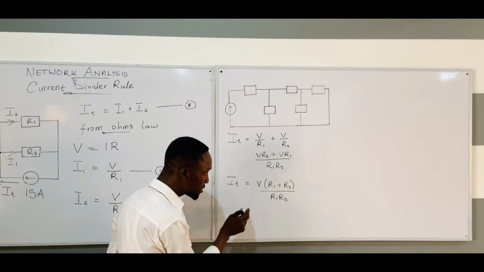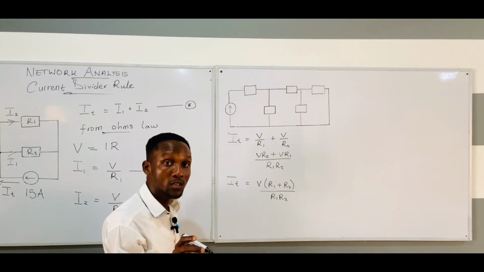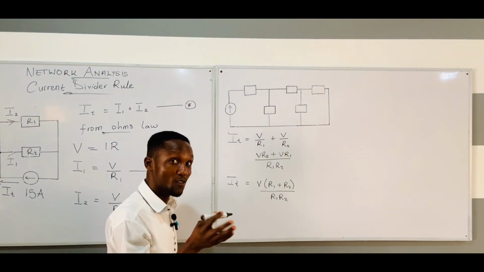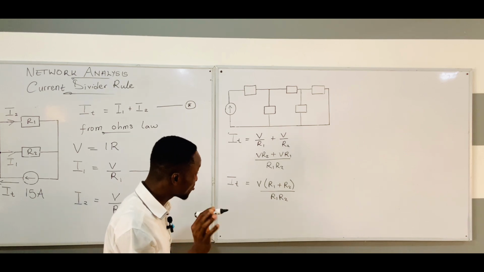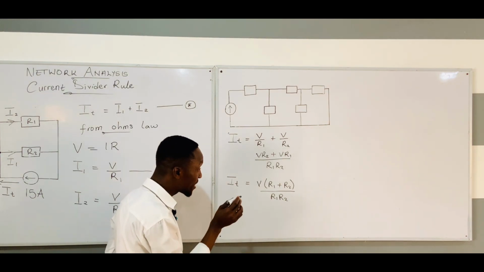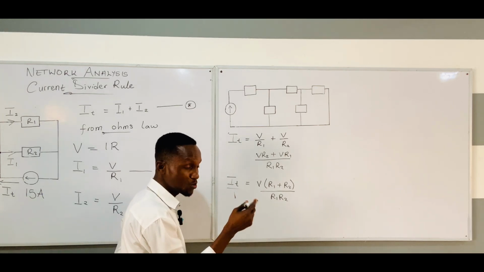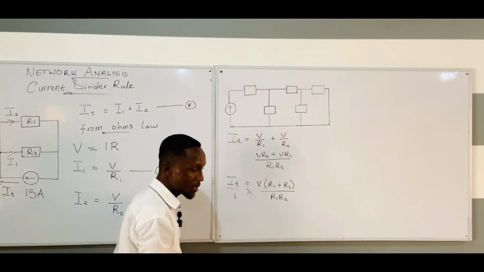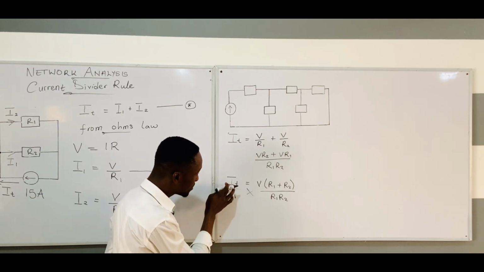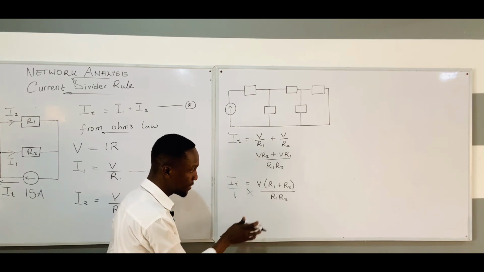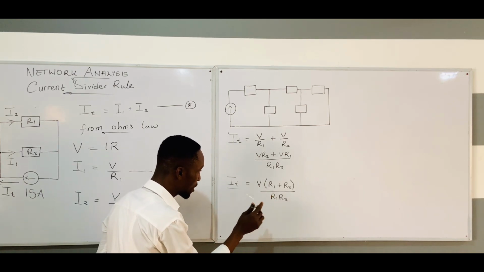If I want to make this V the subject, for those of you who have math issues, look at this very carefully. I'll divide here by 1. To those of you who can do it, you know what to do. And I'll cross multiply. Now when we do that, what are we going to get?